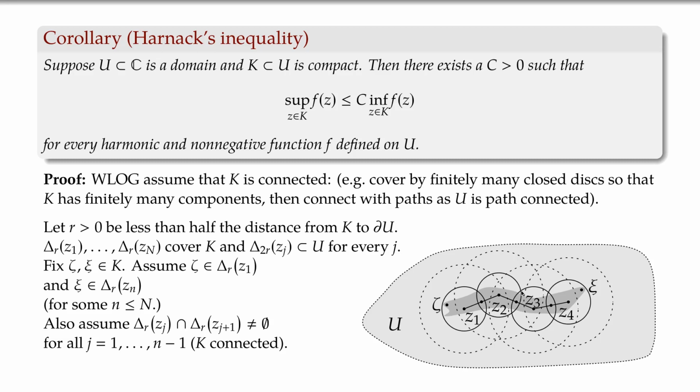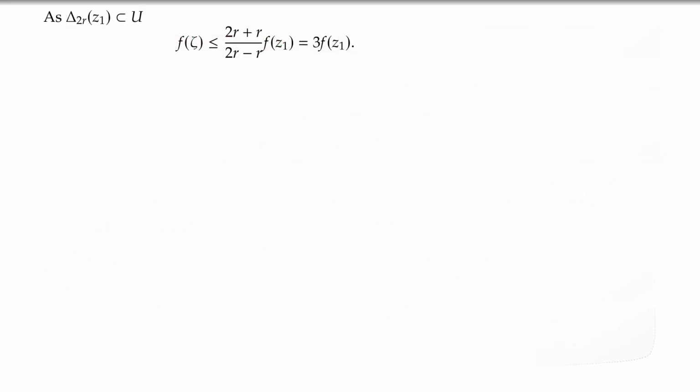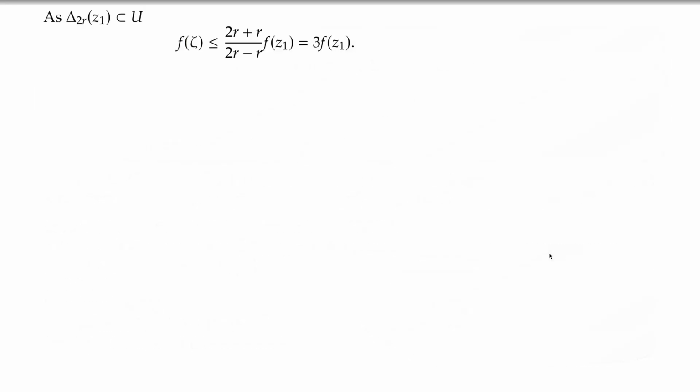Now, what we're going to look at is actually these intervals between the z's. Maybe one more thing is that these larger disks that are marked over here, those are the 2R disks, and the point is that they're still in U, right?